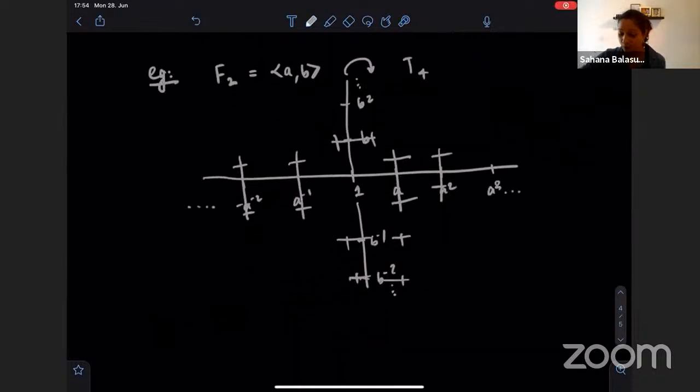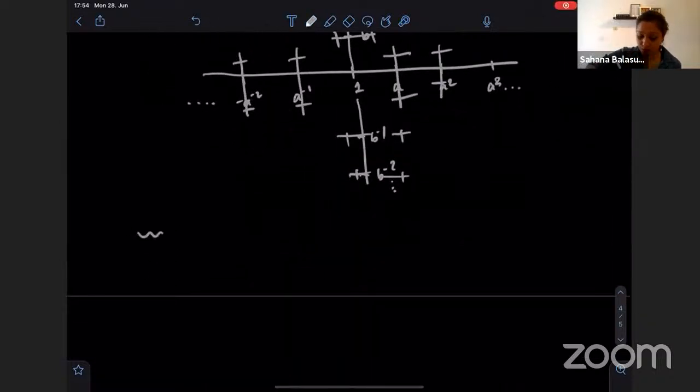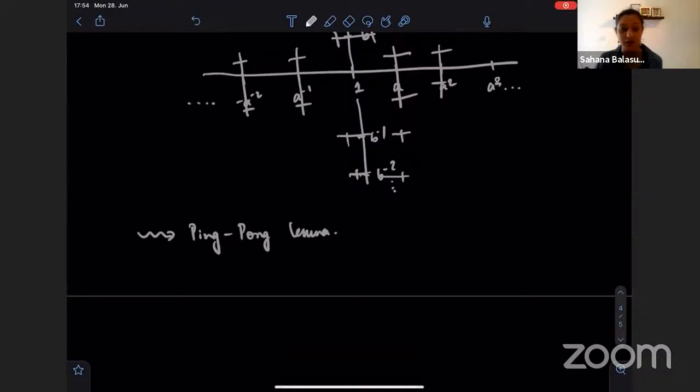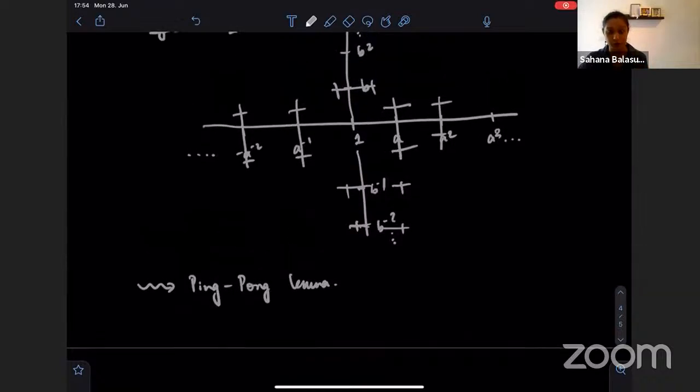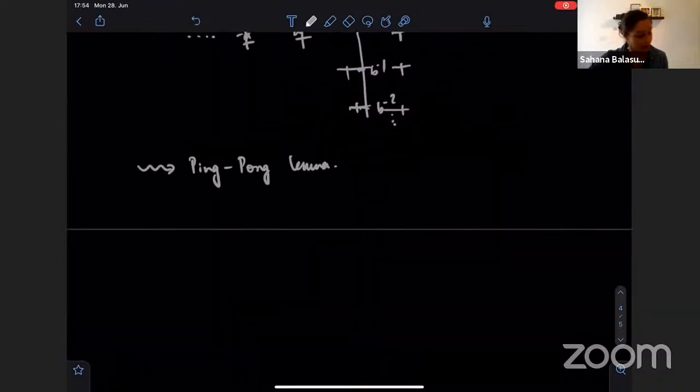And this is a very popular tool in geometric group theory, which is known as the ping pong lemma. And if some of you are interested in seeing how its proof goes, there is an exercise in the exercise sheet that deals with this very lemma and one of its applications to SL2Z. So you can try to see how the proof goes and prove it as an exercise.